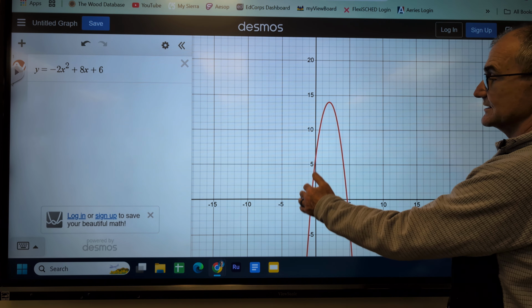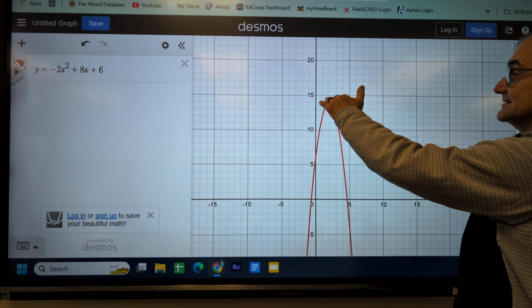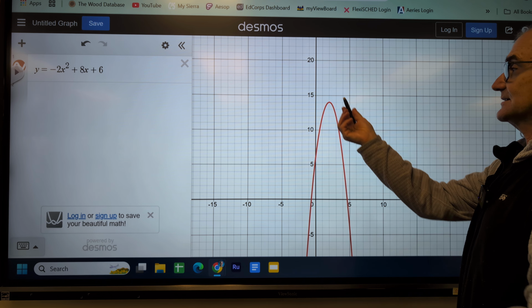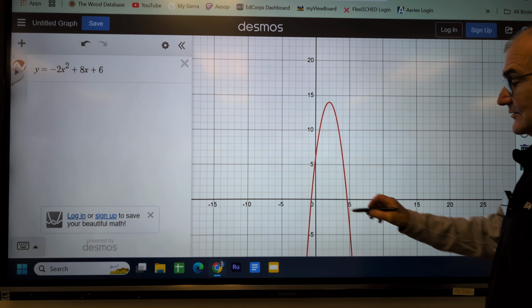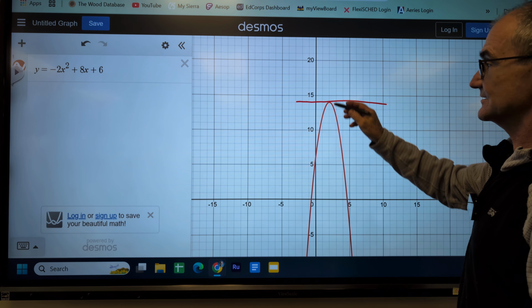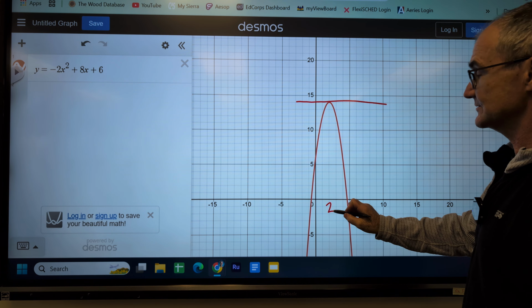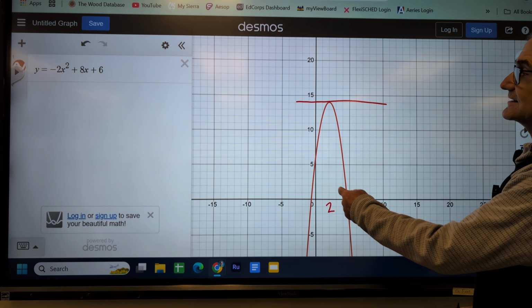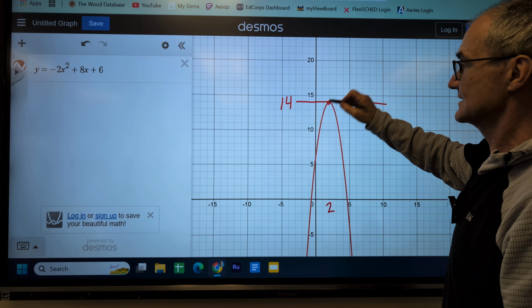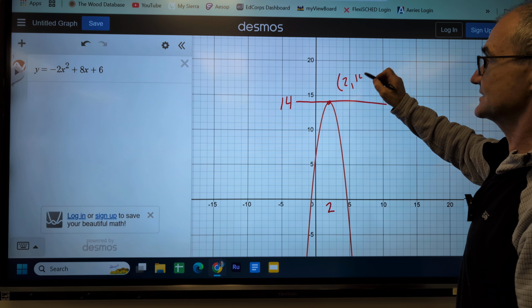Think of it as walking up a hill. Getting to the top, the maximum, the slope is equal to 0. And then the slope is negative. We set the slope equal to 0 to find that x value, which was 2. We plugged it back into our original function to find the y value of 14. So that vertex is (2, 14).